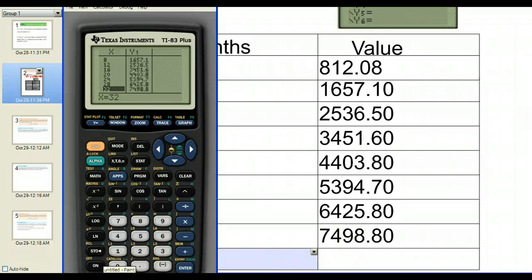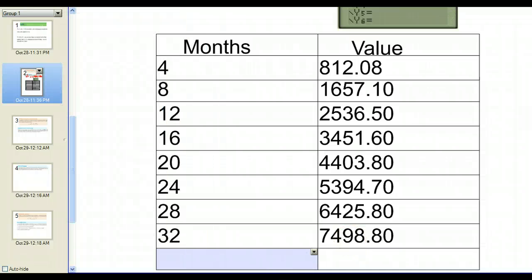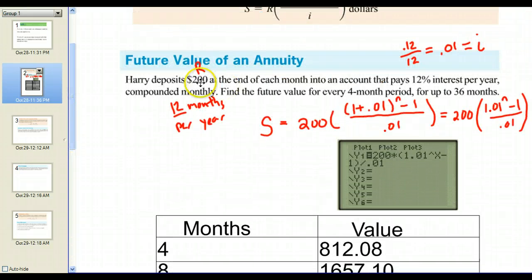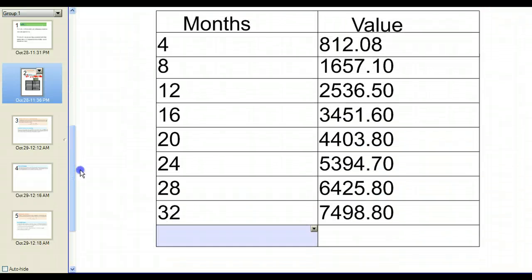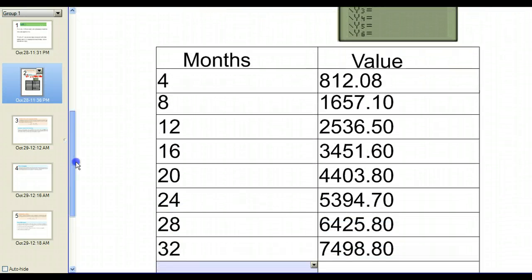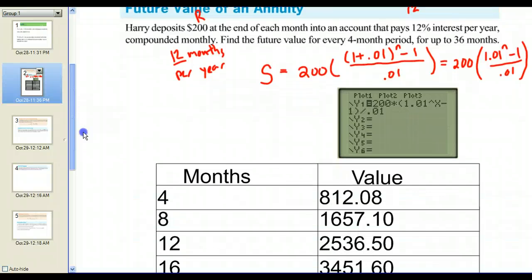Okay, so let's think back again about what this is asking, what we've actually found here. We're putting $200 in at the end of every month into an account that pays this much per year, and we're trying to figure out how much we've earned after 36 months. So putting in $200 a month after 3 years, basically, or excuse me, I'm sorry, going into the 36th month.